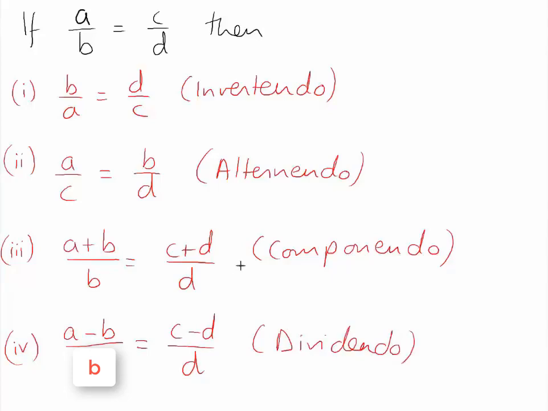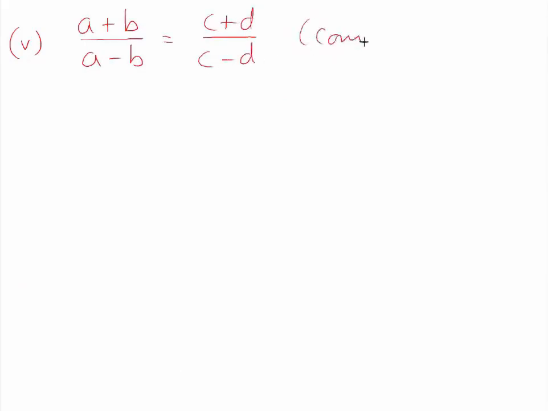Now if we apply componendo and dividendo together, we will finally get A plus B divided by A minus B equals C plus D divided by C minus D, and this is called componendo and dividendo. This is a very important formula.